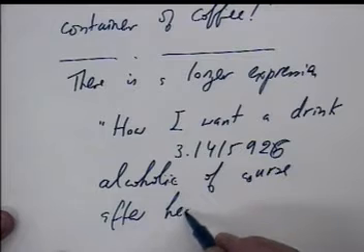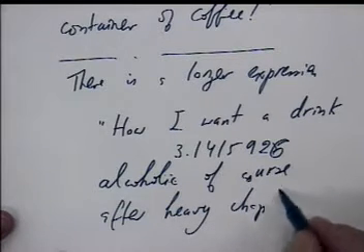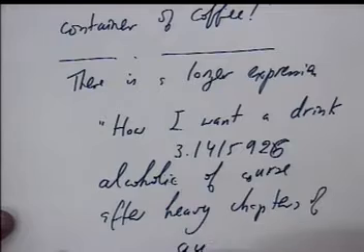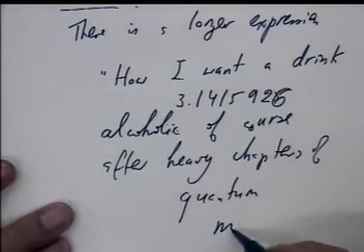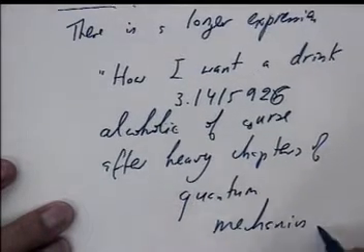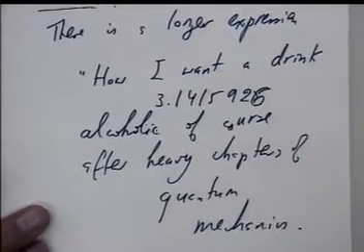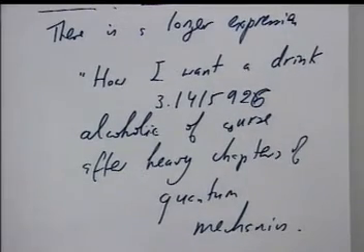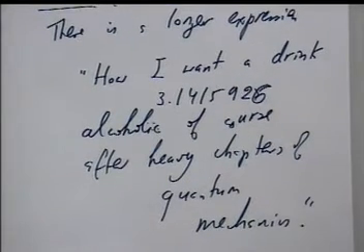After heavy chapters of quantum mechanics. Okay, so if you want more digits, then you should think about quantum mechanics rather than coffee or alcoholic drinks, no, not coffee. So that is how to remember pi.